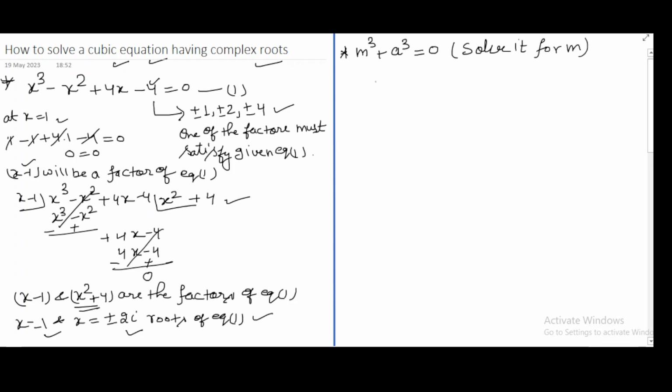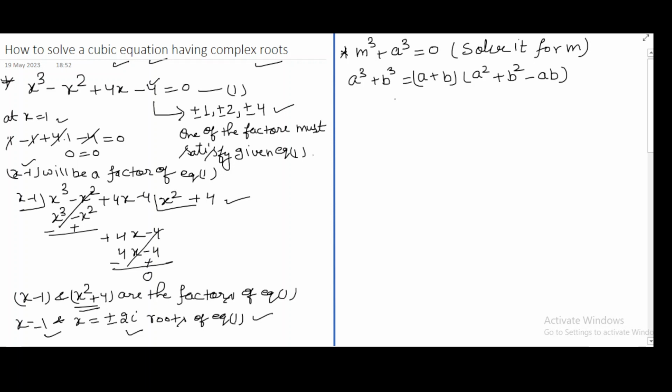In order to solve it for m, we have to remember the formula for a cube plus b cube, which is a plus b times a square plus b square minus ab.